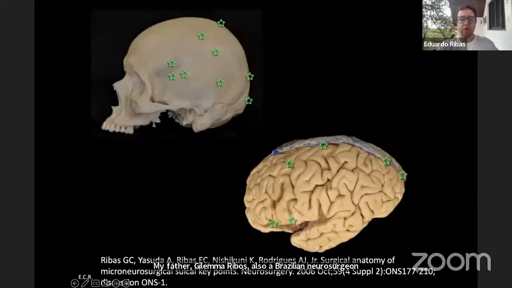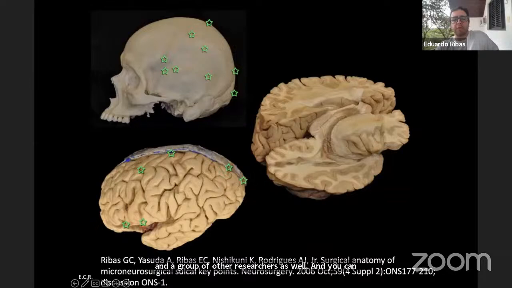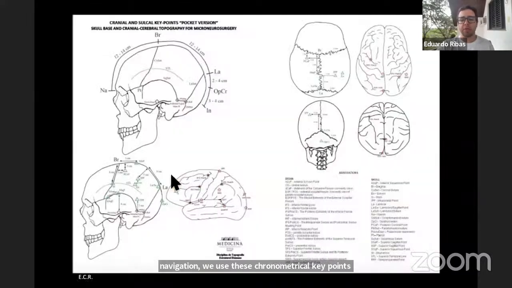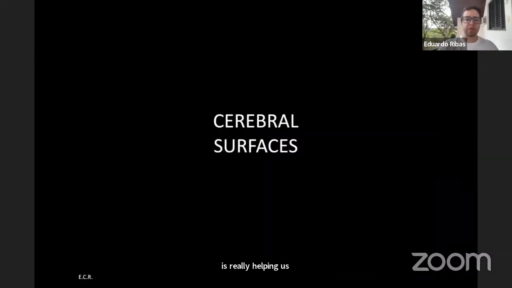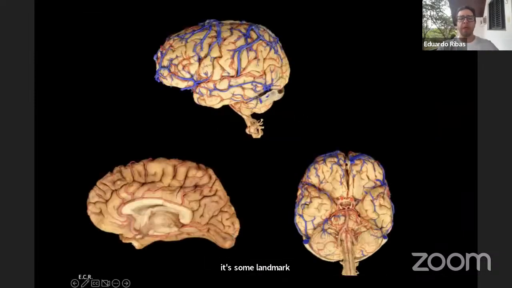And you can look at this in the Neurosurgery Journal, where we put together all these relationships. If you want to place your craniotomy related to a given sulcus, and you don't have all this technology, for example neuronavigation, we use these craniometric key points. This is really helping us. They are landmarks that make it easier.